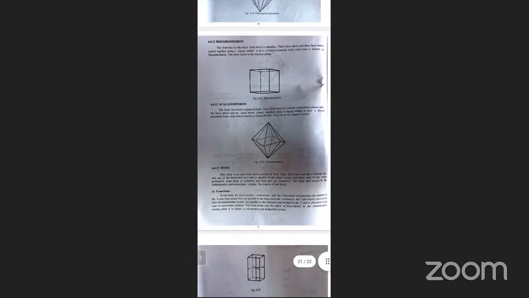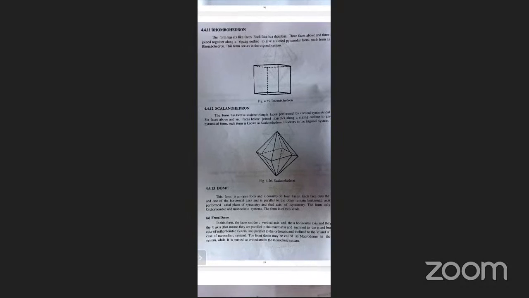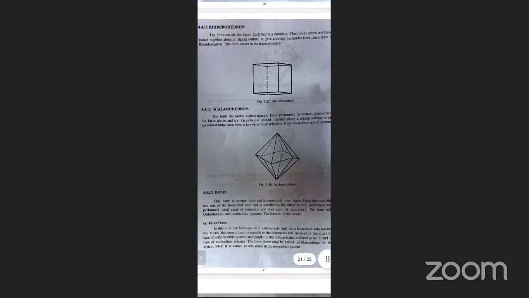The rhombohedron is next. In a rhombohedron, this form has 6 faces. Each face looks like a rhombus.